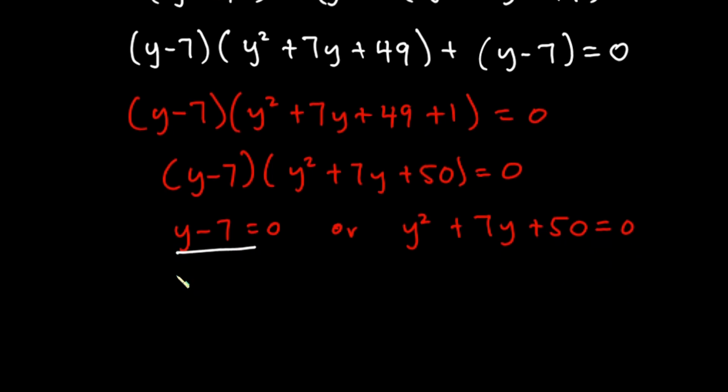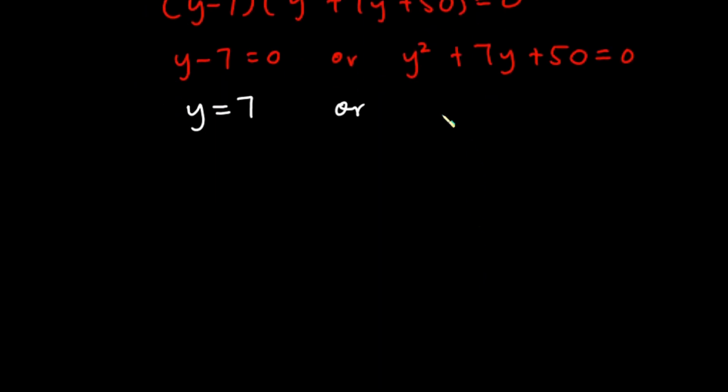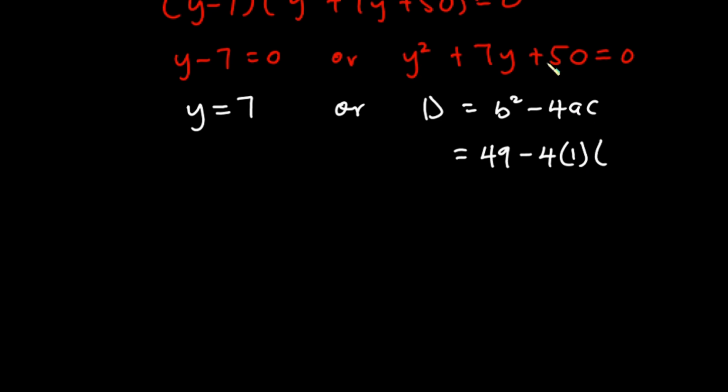And from this equation, straight away, we can see that y is equal to 7. Or from this equation, what we're going to do is to find the discriminant, which is D is equal to b squared minus 4ac. So if you compare this equation to the general quadratic equation, we can see that b is equal to 7. So we're going to have 7 squared, which is 49, minus 4 times a, a is 1, times c, c is 50.